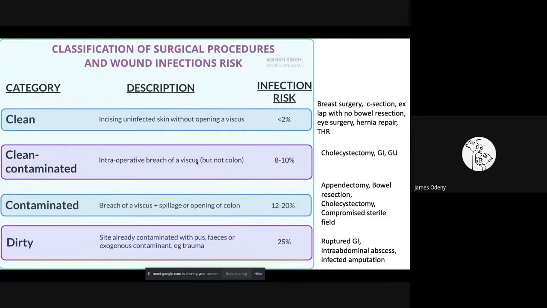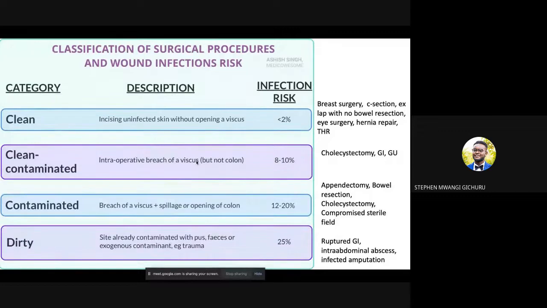So usually it's indicated in a burst abdomen, maybe secondary to appendicitis. Basically in an exploratory laparotomy, you're opening up the abdomen and checking what's under the skin and seeing what's happening inside.